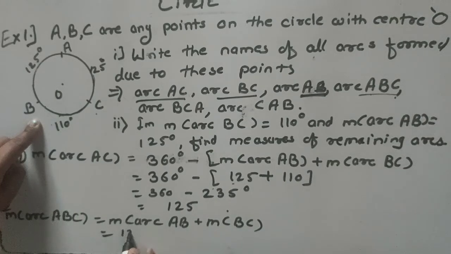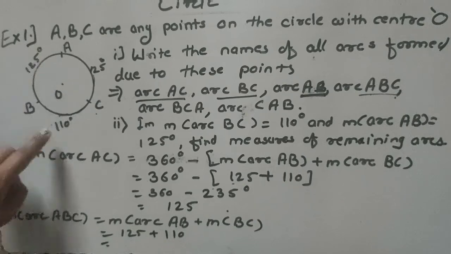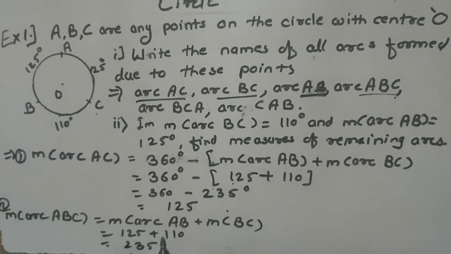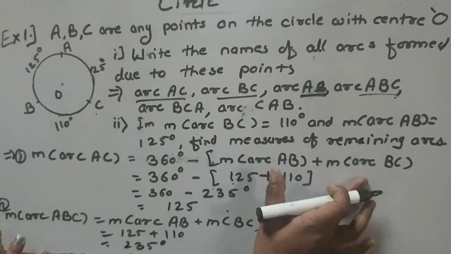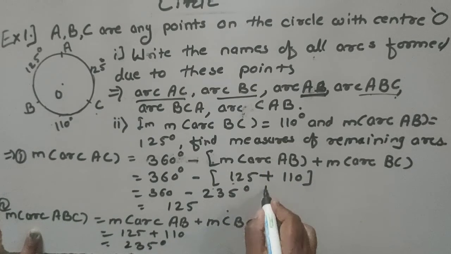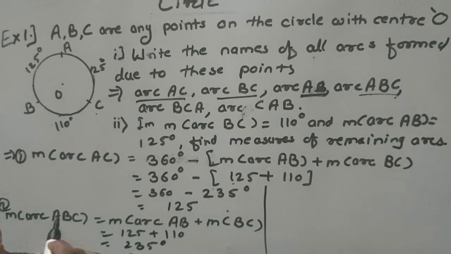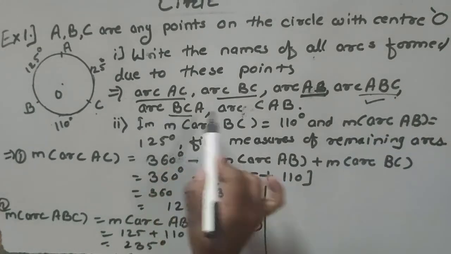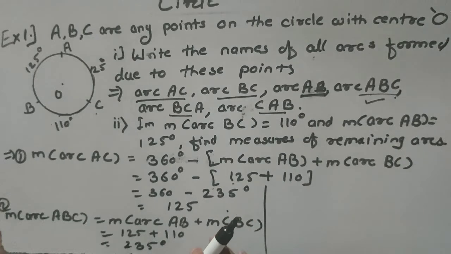Here you have to find 125 plus 110, which is equal to 235 degree. Instead of writing this, you can write only measure of arc ABC, and if you solve, then you will also get the answer. Now we have to find out BCA and CBA.